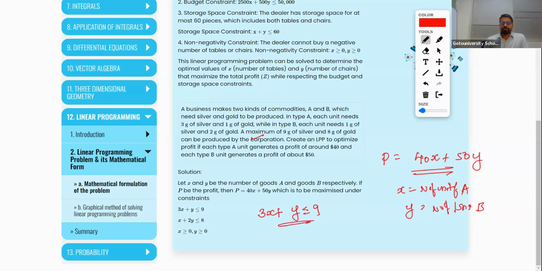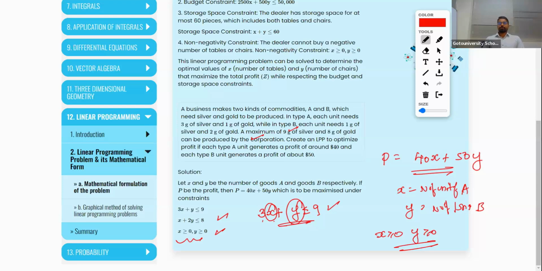Here y is the unit B and x is the unit A, and 3 times unit A and 1 time unit B has to be less than or equal to 9. So these are the constraints they have given. The non-negative constraint is there, so even that we are taking into consideration.